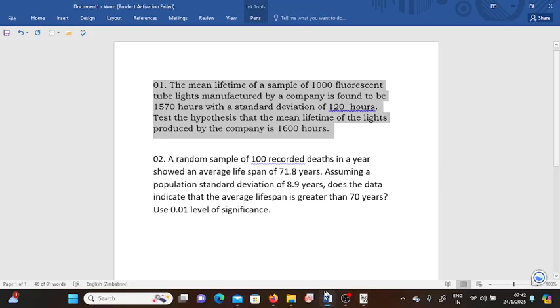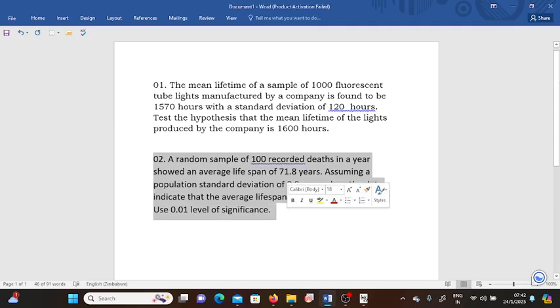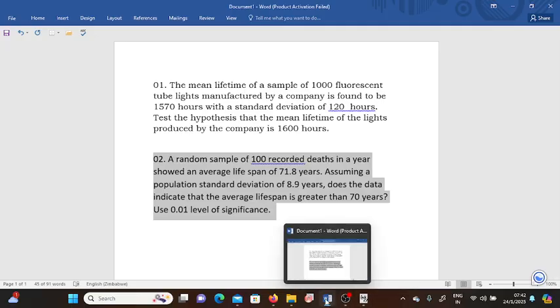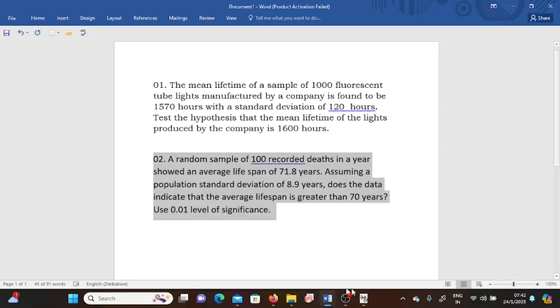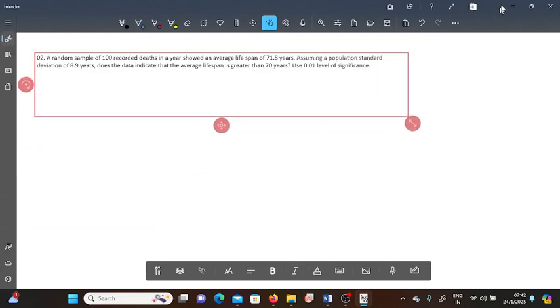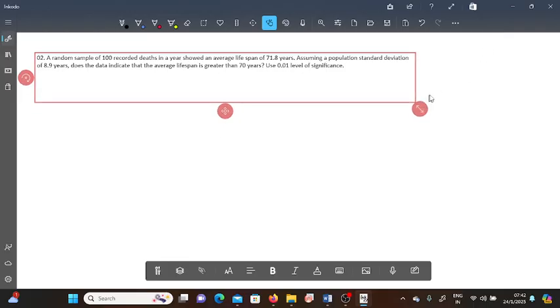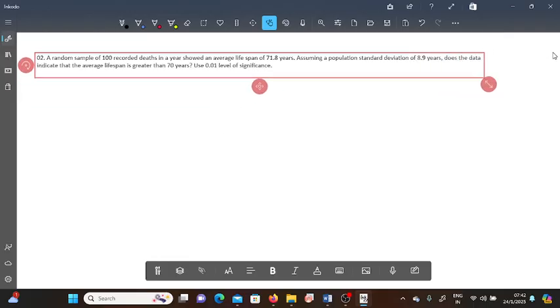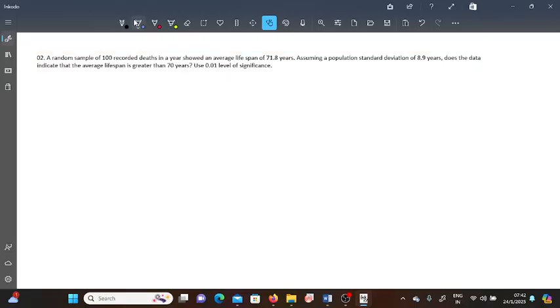Clearly the question says a random sample of 100 recorded deaths in a year showed an average lifespan of 71.8 years, assuming a population standard deviation of 8.9 years.